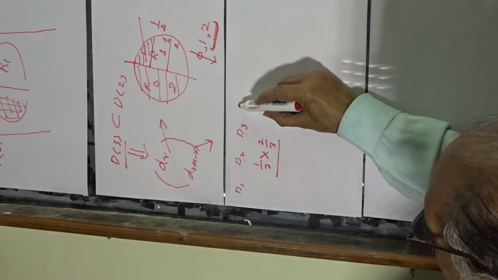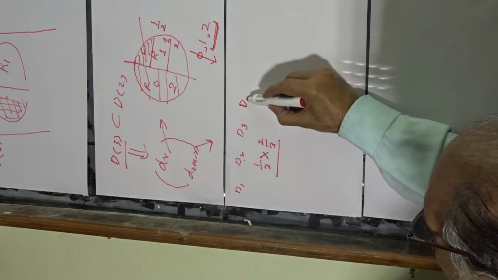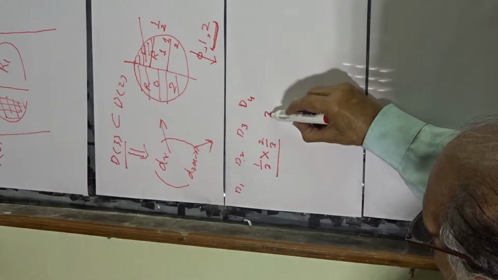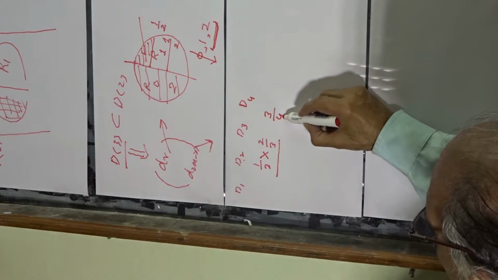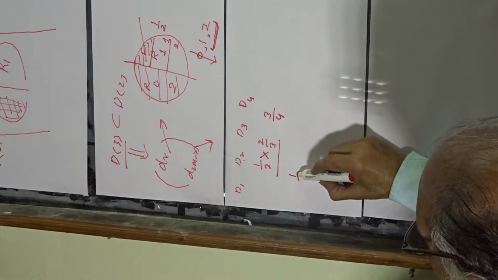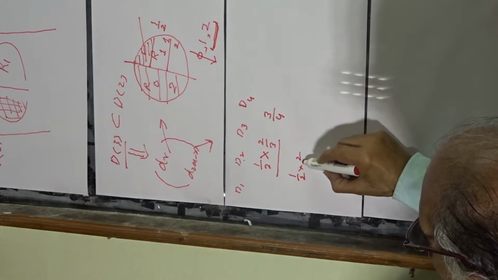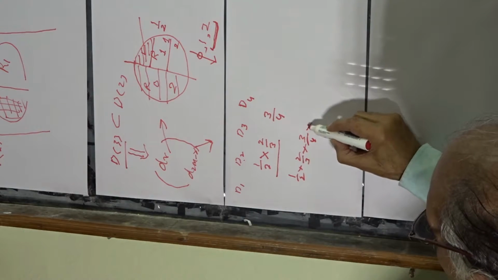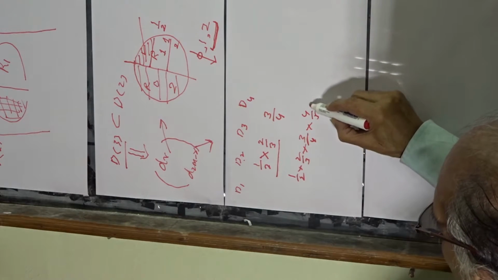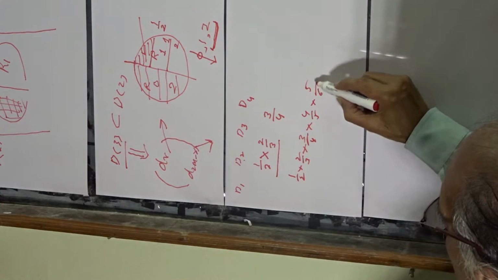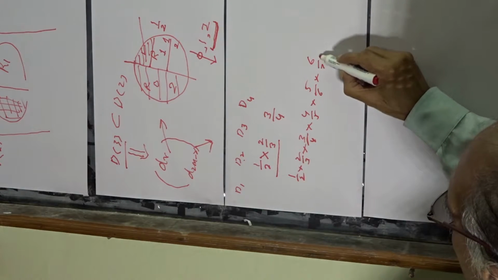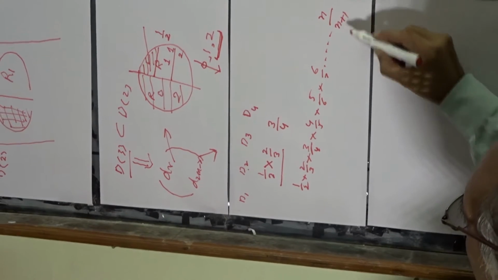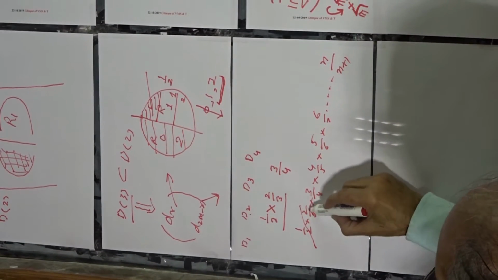A step ahead, when we reach 4, then again 3/4 portion will remain, and it will lead to 1/2 into 2/3 into 3/4. Sequentially we will reach 4/5, 5/6, 6/7 and so on, n over n plus 1.